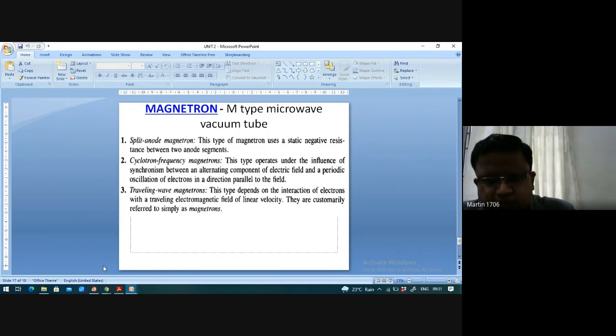Each one has different characteristics. The first type uses the static negative resistance between the two anodes.